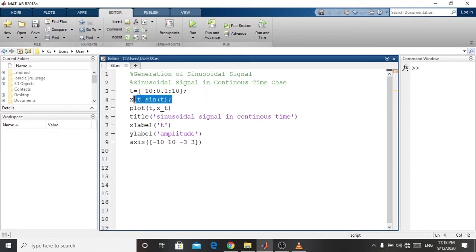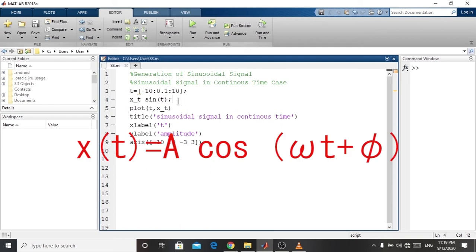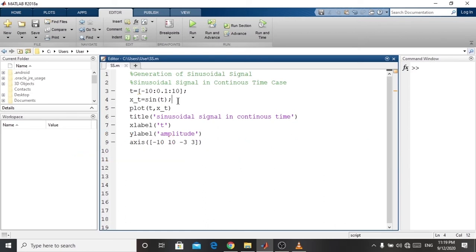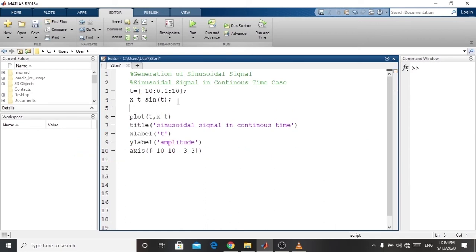Here you can see that the signal has an amplitude of 1, angular frequency is unity, and phase angle is 0. Another way to represent a sinusoidal signal is x of t is equal to A cos omega t plus phi. Let's define that also.